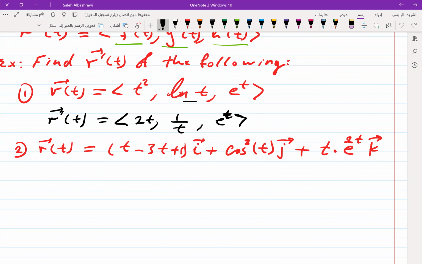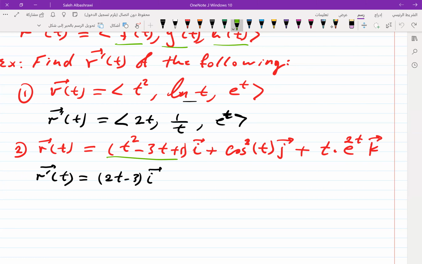So the derivative for this one equals the derivative of the first one. This is supposed to be t squared, not t. It is given by 2t minus 3 i. This is the derivative of the first component.